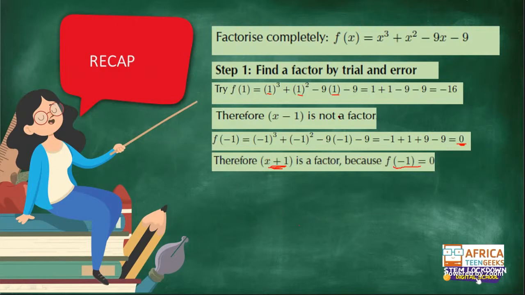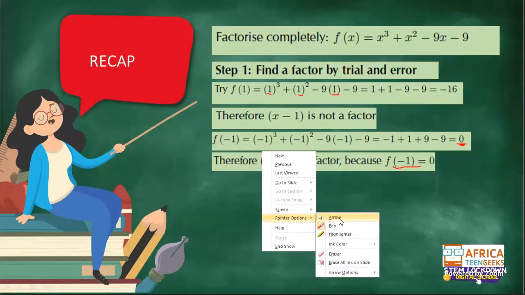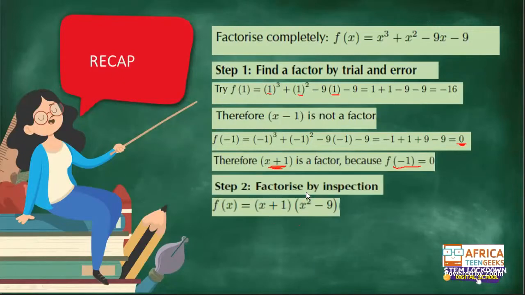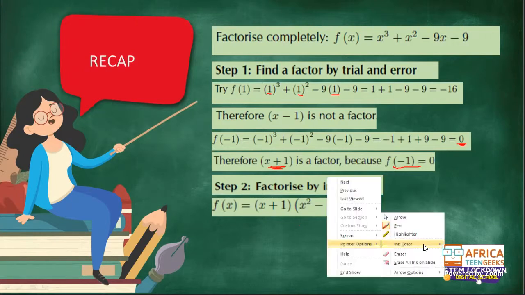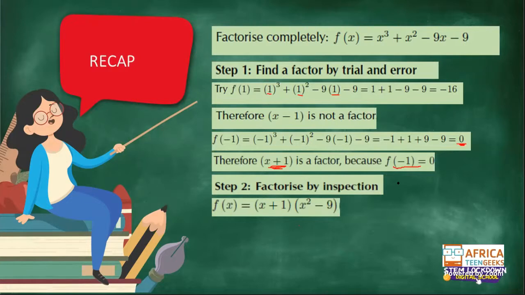After you find your first factor, you would have something like x plus 1 multiplied by something.